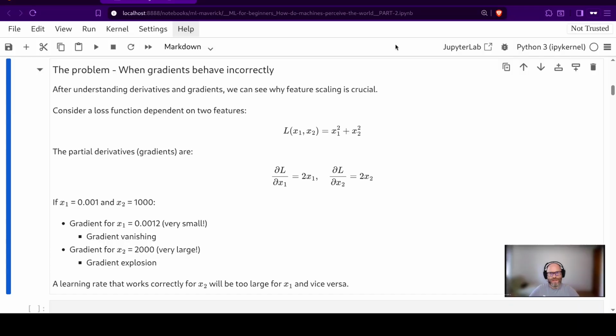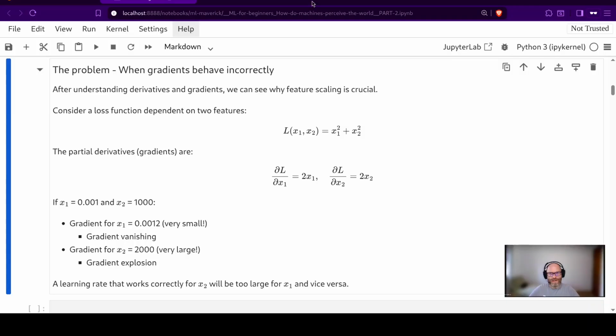The partial derivatives are: partial L over partial x1 equals 2 times x1, and partial L over partial x2 equals 2 times x2.